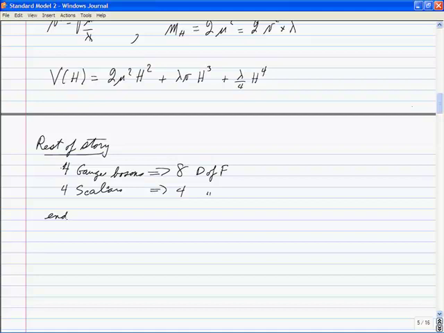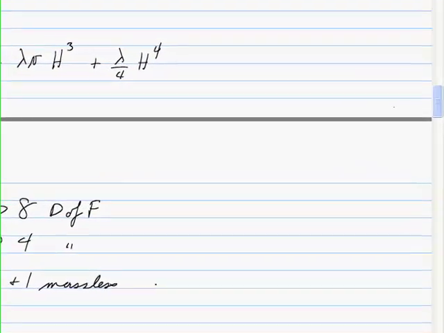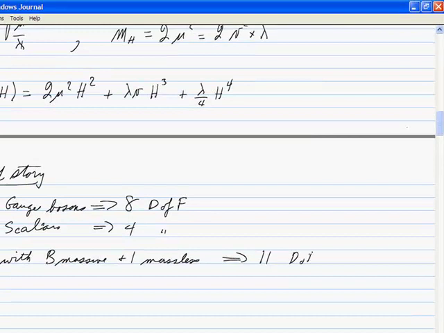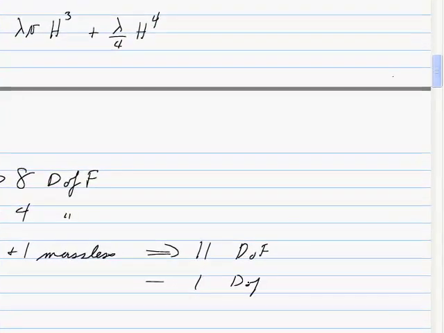We end with 3 massive and 1 massless gauge boson, so that's 11 degrees of freedom. It's 3 times 3 plus 2. And so the only thing we're allowed to end up with is the Higgs. So we have to completely get rid of the other 3.